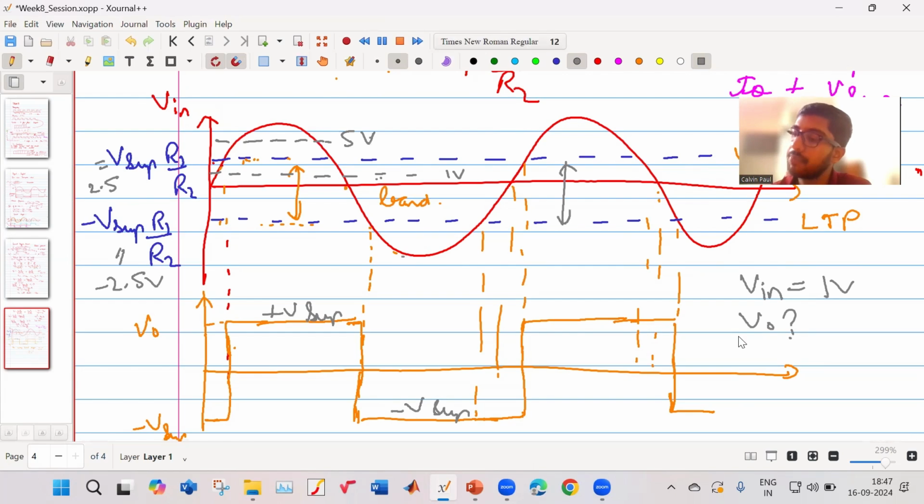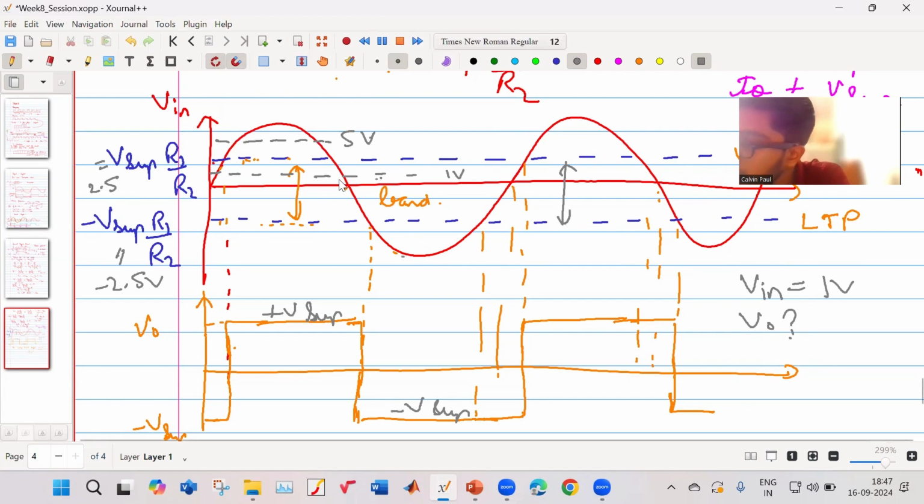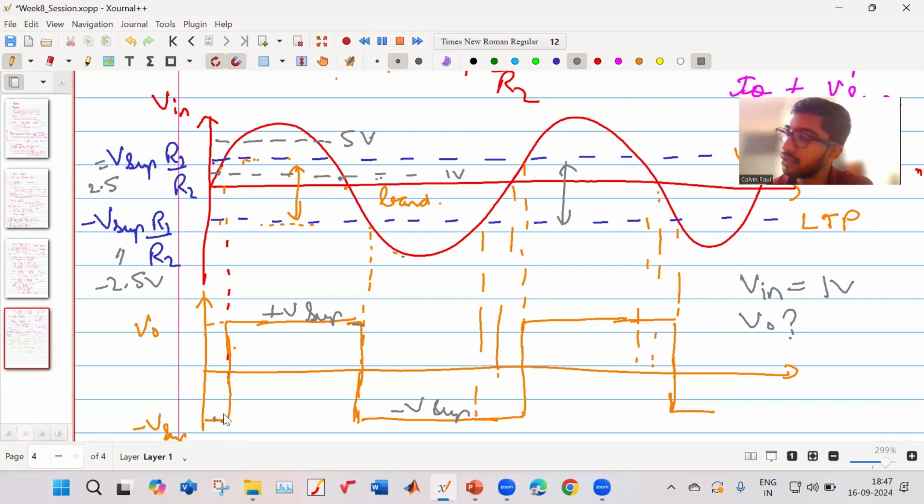It depends. If my output was positive, that is over here, plus V supply, it will still remain positive. Over here my output was minus V supply, so it will still remain minus V supply. So it is not like at one input voltage there's a unique output voltage.